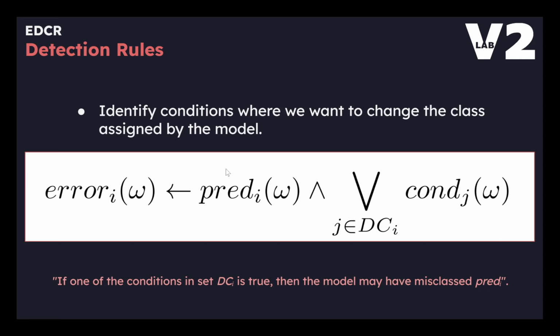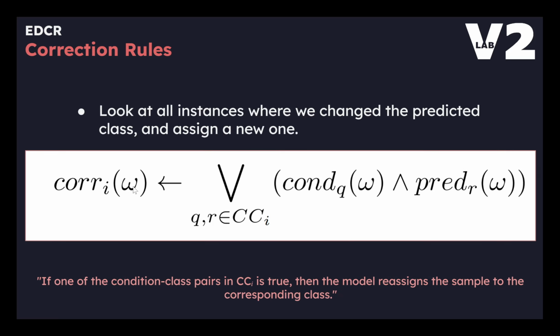We can then assume that that prediction from that base model for class I is incorrect. And what we would do is temporarily flag it to an unknown class or just erase the label and pass it to the correction rule. And how the correction rule works is that if we have any condition class pair in the larger set to be true, we then reassign the previously erased label to that new class.